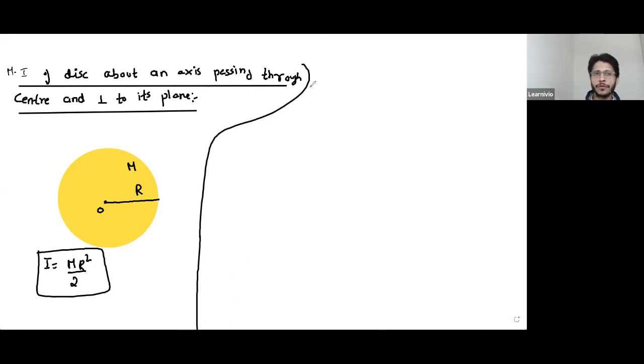Instead of disk, if you have a hollow cylinder, moment of inertia of a hollow cylinder about an axis passing through its center.